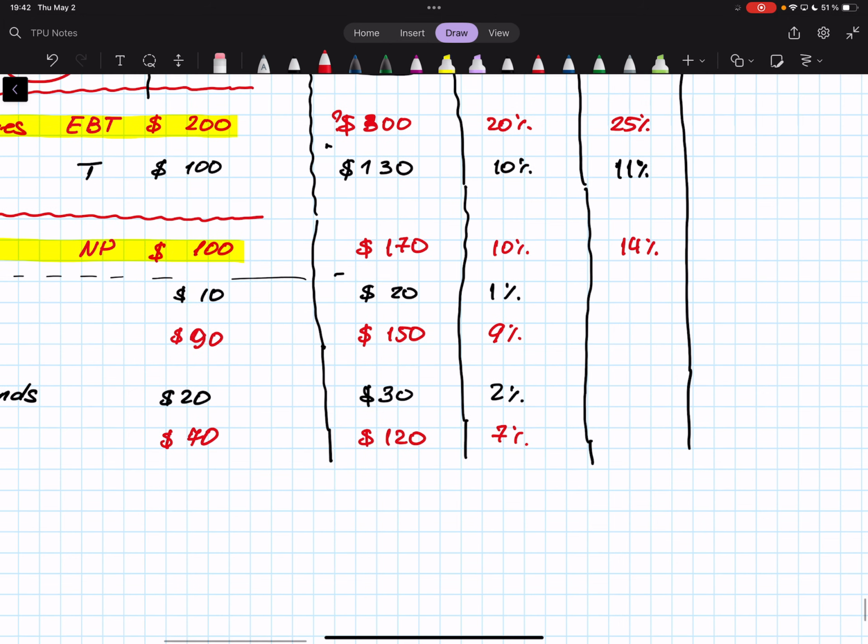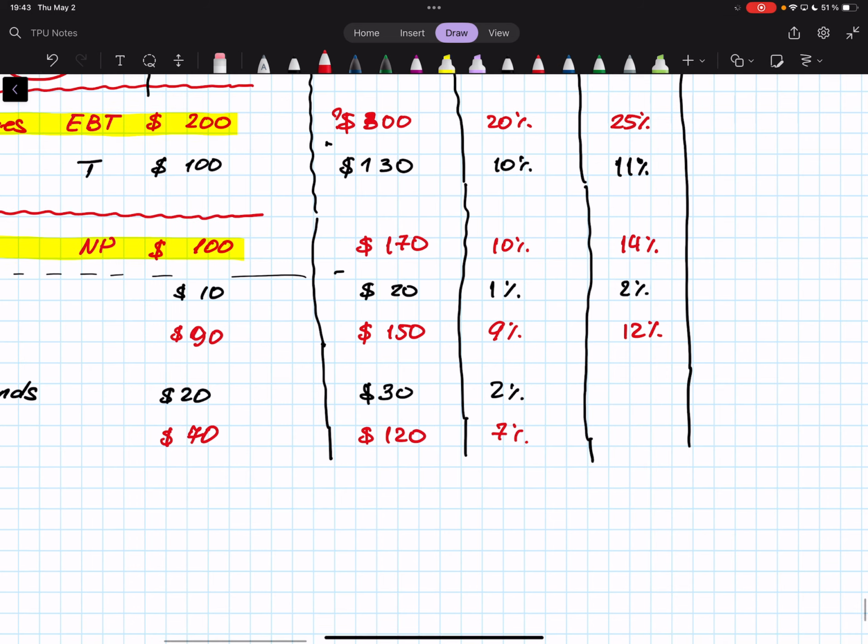Now, preferred stock will be 20 out of 1,200, around 2%. Net profit available to common shareholders will be 12.5. Well, let's make it 12%, because 14% minus 2% should give us 12%.